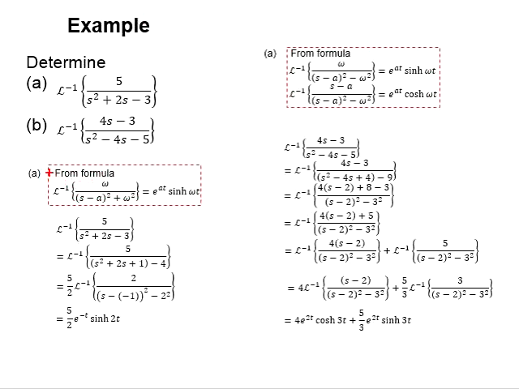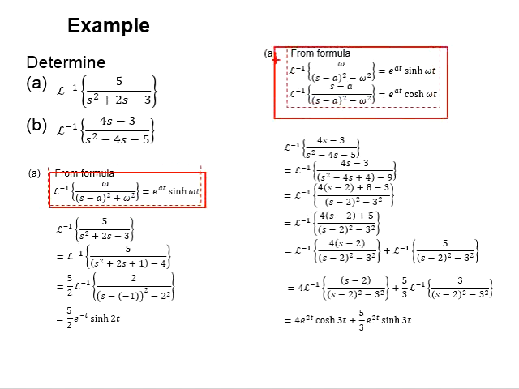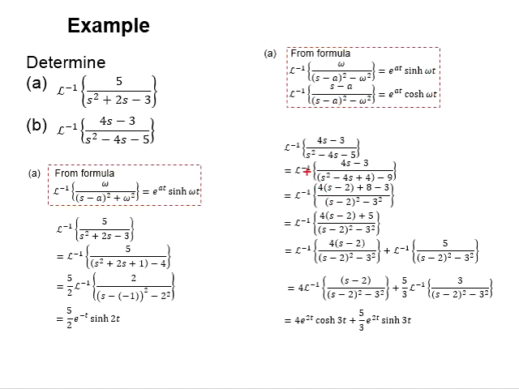This shall involve a lot of trial and error, and this trial and error will allow you to change and modify the structures of the functions until you reach a case which more closely resembles any of the formulas in the tables. From there, you are able to determine the solutions of the inverse Laplace transform.